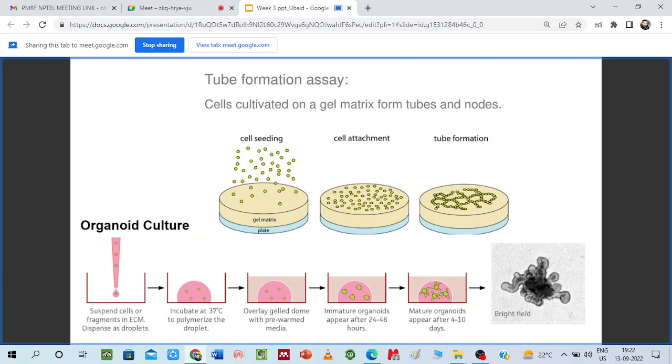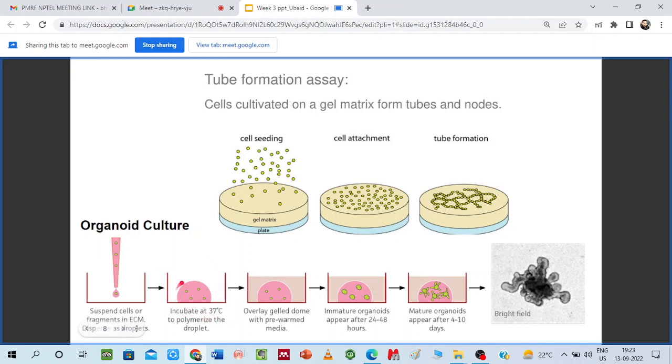Another application of this matrigel is that it is used in organoid formation. As this matrigel is a hydrogel, and it also has pores inside. So if this matrigel is poured in a culture plate with the suspended cells, cells suspended in this matrigel, and after that, when this matrigel is placed at 37 degrees, it polymerizes.